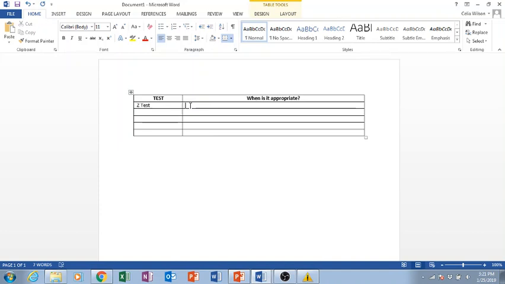Okay? So the first test we're going to use is called the Z-test. Now, I will go ahead and tell you that in real life, we don't use this test a lot, but because it's the most basic form of significance testing, we use it to lay the foundation so that you can understand the more sophisticated analyses.